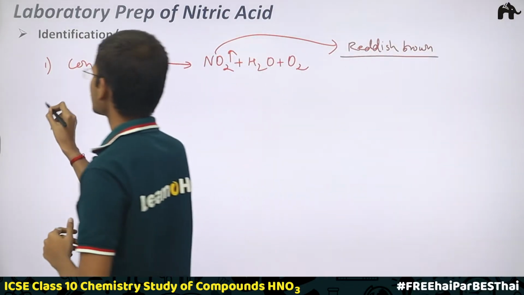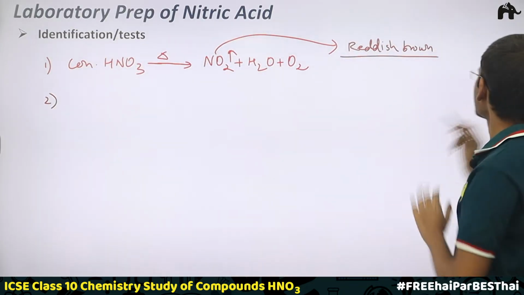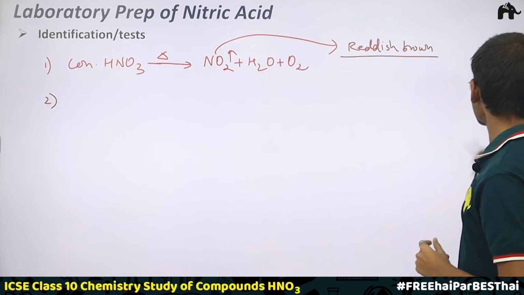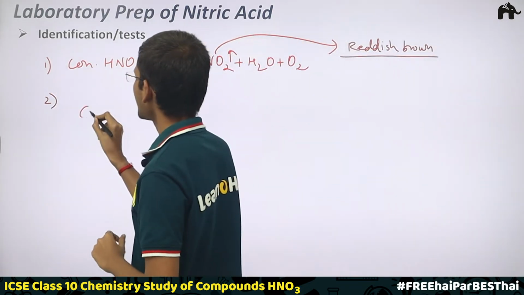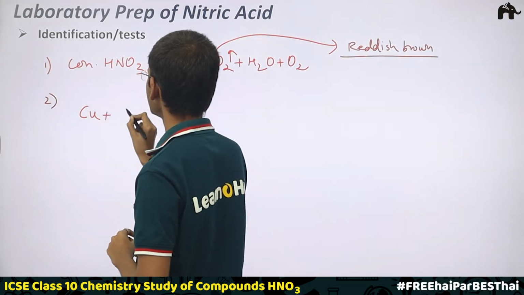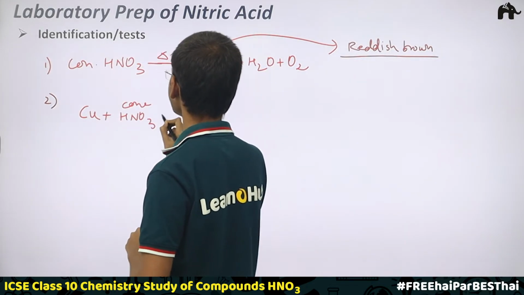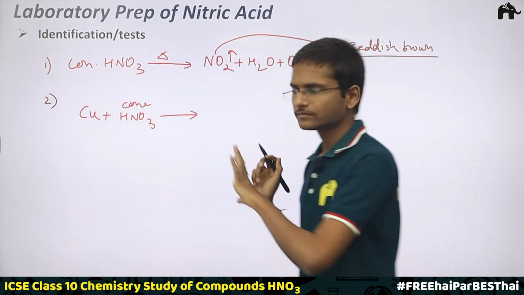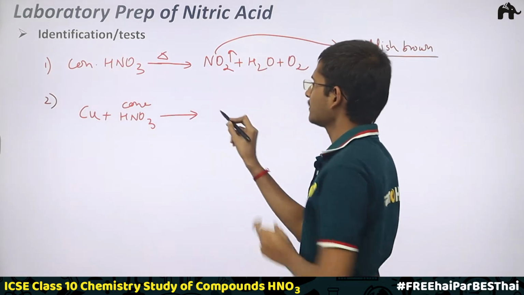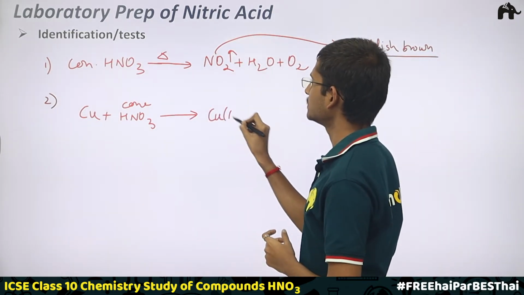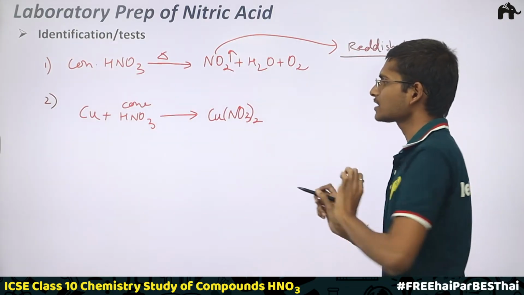Another one is, we can add copper into concentrated nitric acid. Let's see how the reaction proceeds. When I add copper into this concentrated nitric acid, I would get copper nitrate, Cu(NO3)2, in which copper has a +2 charge.